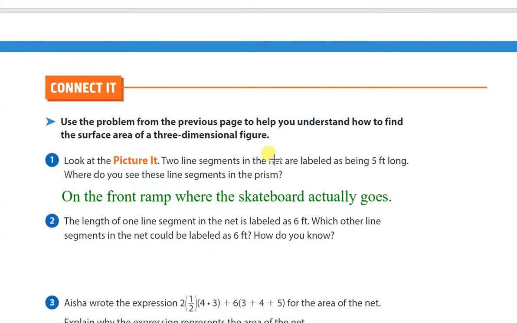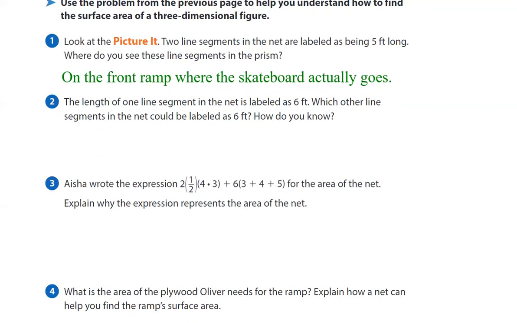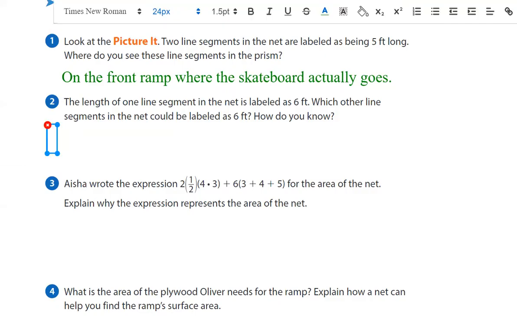Okay, so how do we want to word that now? Let's think, because that's the hardest part. We can see it, but how do we write that down? That's the part I know you always have a hard time with, because you know this. It's how do we put it down on paper in words. The opposite sides of a rectangle are equal in length, right? Otherwise, they wouldn't be a rectangle.